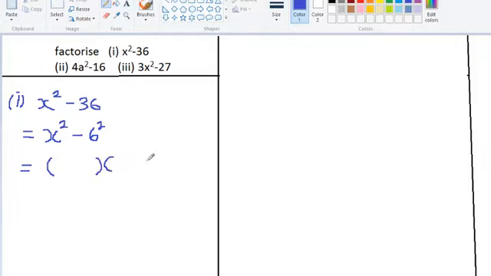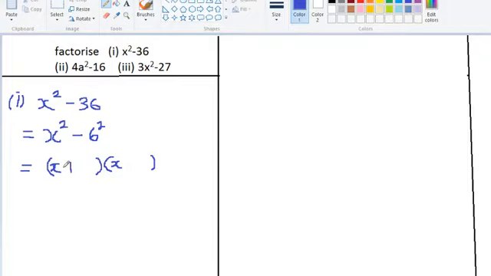I set up my brackets, and the x will come here and here. So I'll write x here and x over here.